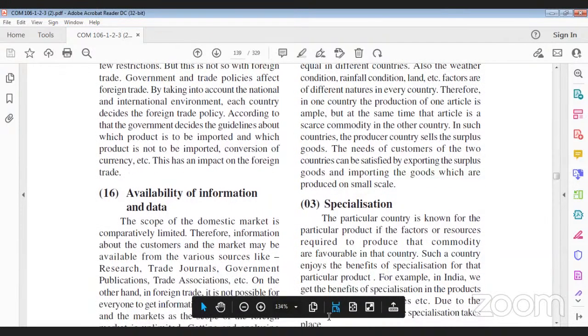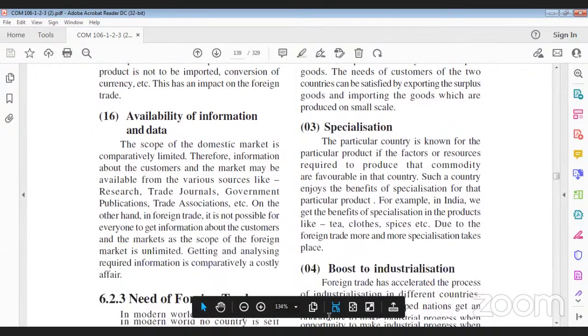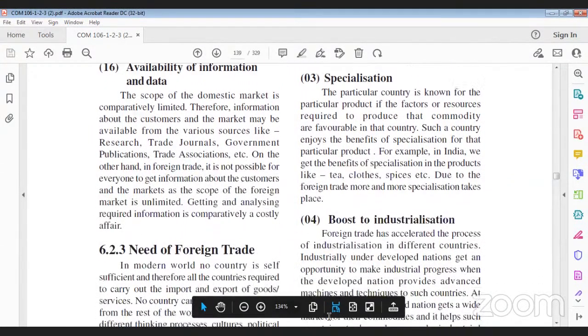The fourth point is the boost to industrialization. Foreign trade accelerates the process of industrialization, and industries in underdeveloped nations get the opportunity to progress when developed countries provide advanced machines and techniques to them.